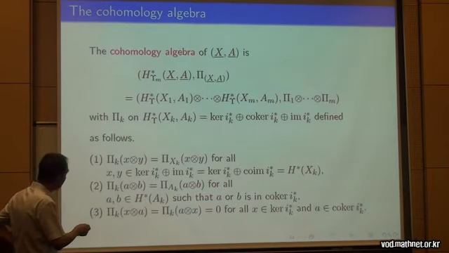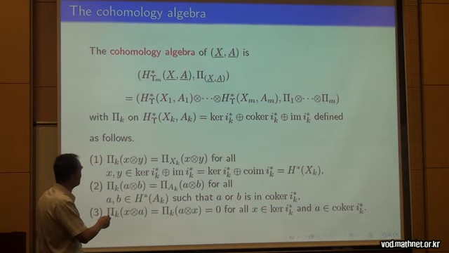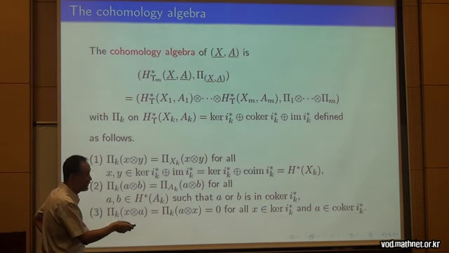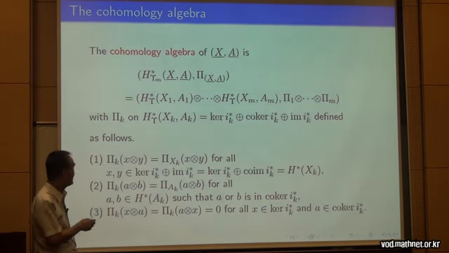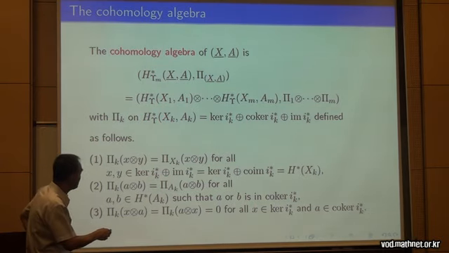And the cohomology algebra of this is, as I said, this group, this H epsilon X1 A1, just similar to this: the kernel, cokernel and image direct sum added.